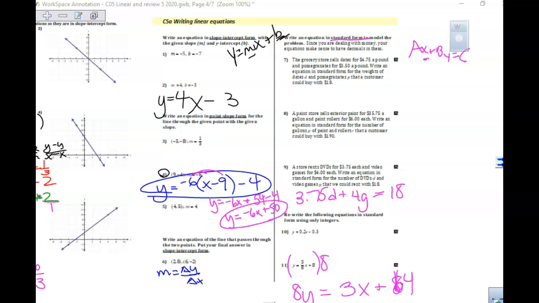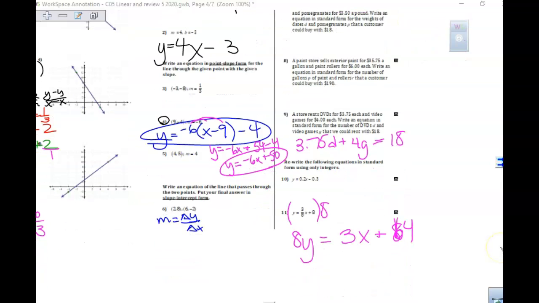Well, if I want the x to be positive, I might subtract 8y from both sides. Do I need to subtract 8y? No. Could I have subtracted 3x? Yes. And then multiplied by -1. That works also, right? This way, I might also get rid of this 64 back here. How would I get rid of the 64? So I minus 8y, I could minus 64.